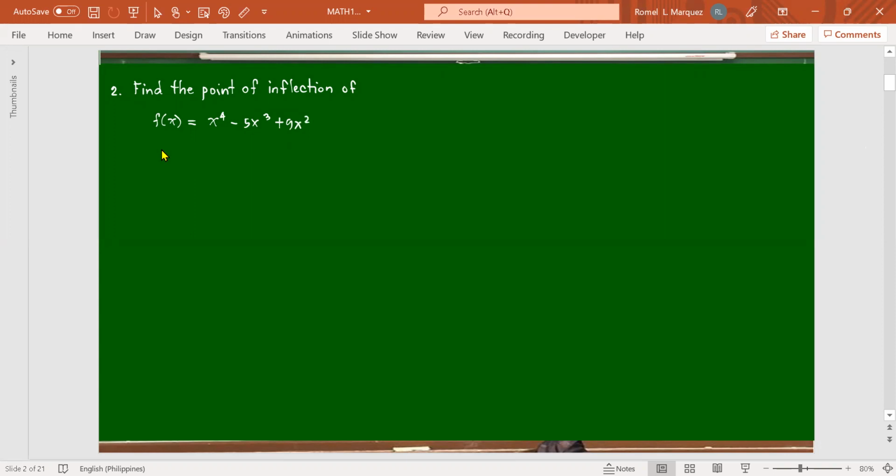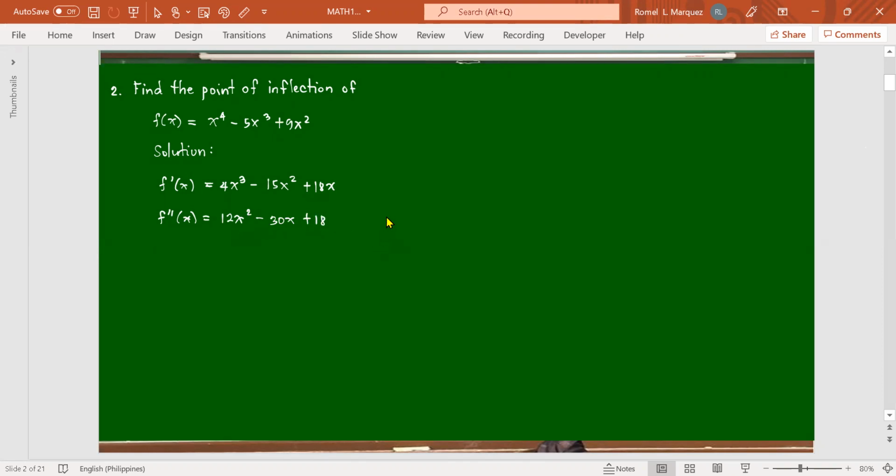Let's see if it is manageable to get the point of inflection. So first, get the first derivative. That is 4x cubed minus 15x squared plus 18x, what we had before. So second derivative, this is 12x squared minus 30x plus 18.